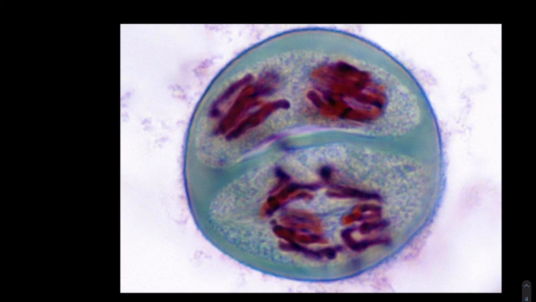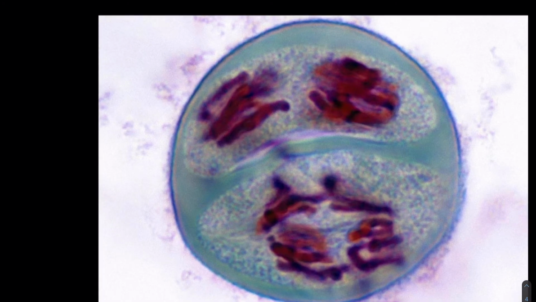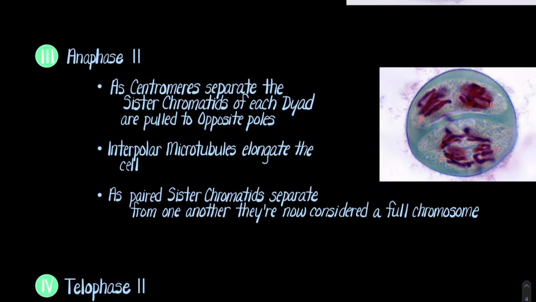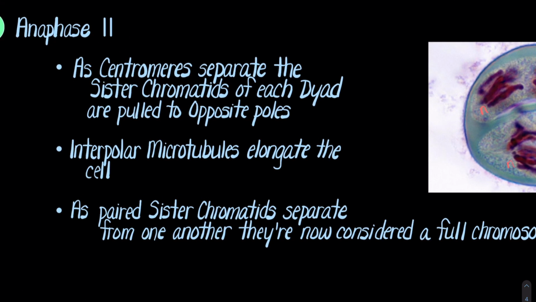And then these sister chromatids are pulled towards opposite poles via the spindle fibers. So what we're seeing here is N, N, N, and N beginning to form. Another thing to keep in mind is that interpolar microtubules are elongating the cell.